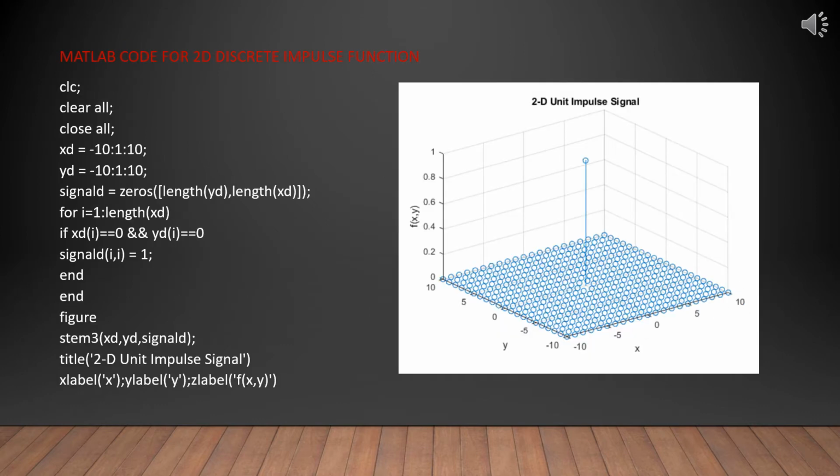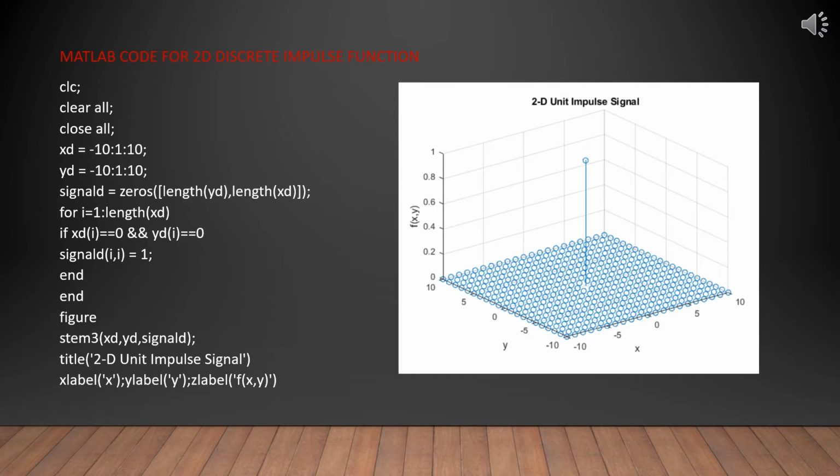We can plot a two-dimensional discrete impulse function in MATLAB. We take two variables, xd and yd, both ranging from minus 10 to 10 with a step of 1 unit. Then we consider a signal which initially has zeros in the x direction and also in the y direction.